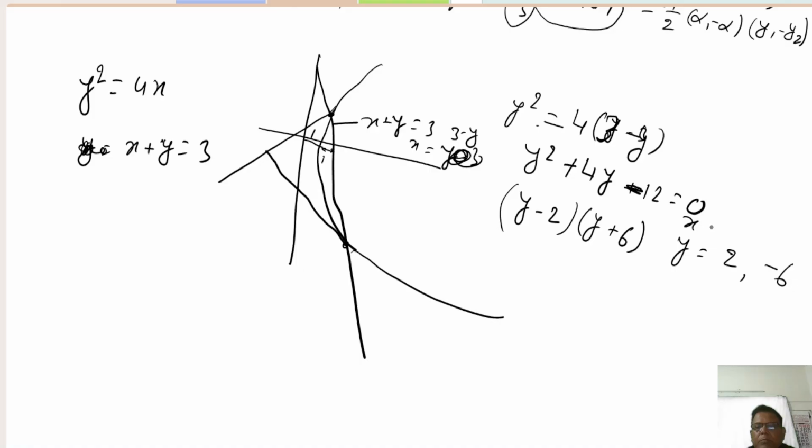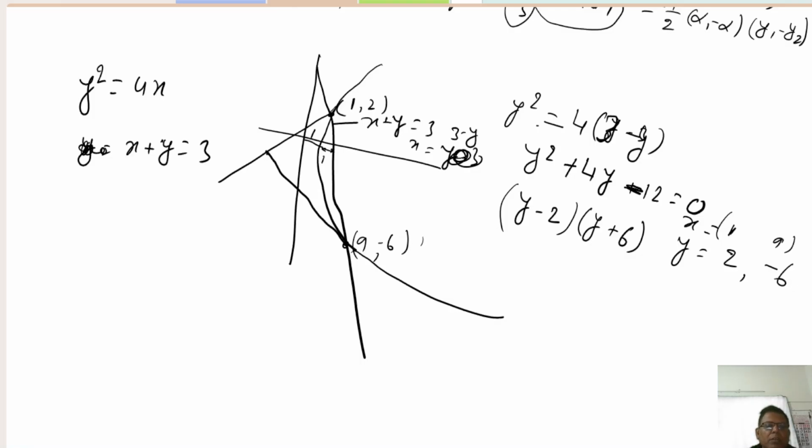So x will be, if we put y is equal to 2, x will be 1, and if we put y is equal to minus 6, then x will be 9. So here the coordinate is 1, 2, and here the coordinate is 9, minus 6.